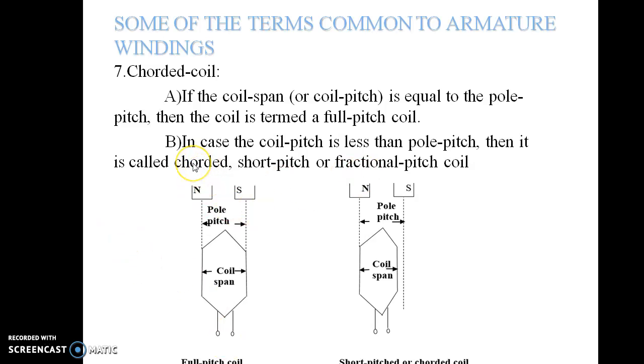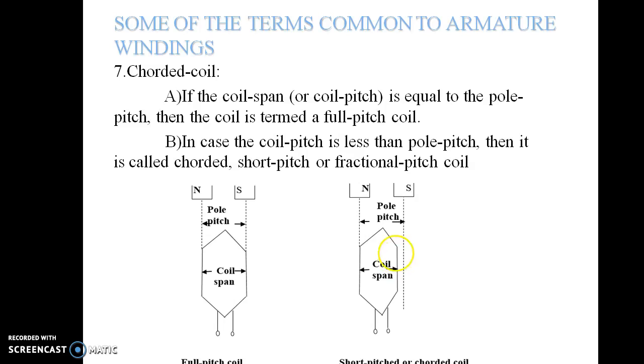Coming to the second point, in case the coil pitch is less than the pole pitch, then it is called a corded coil or short pitch coil, or we can say fractional pitch coil. The point is, coil pitch is less than the pole pitch. We can see here very clearly. This is the diagram of a short pitched or corded coil or fractional pitch coil. Here, pole pitch remaining the same, but coil span is changed.